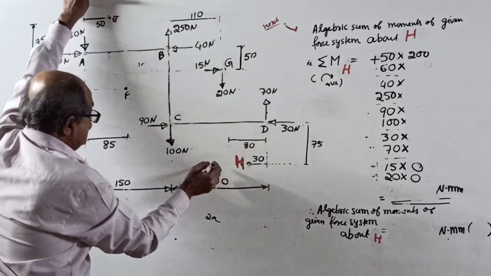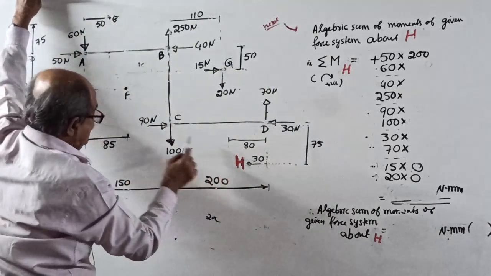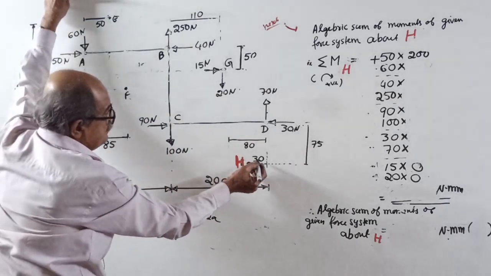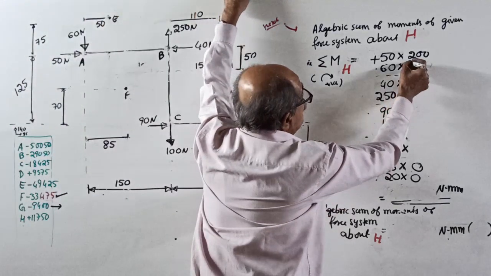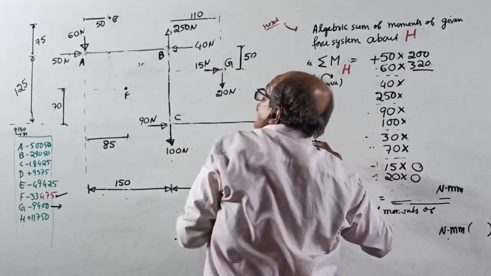See, 60, actually moment about this point, 60 into this distance, 150 plus 200 is 350. From 350, subtract 30, 320. Right? How you got 320? See, 320. How? Moment, anti-clockwise.